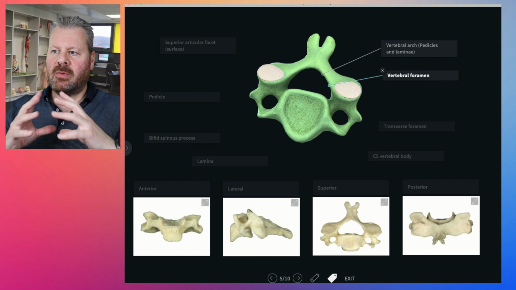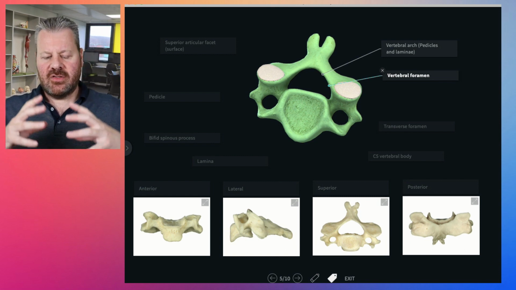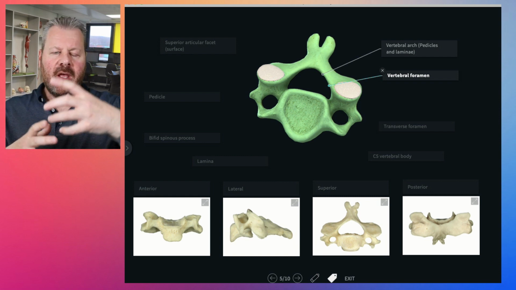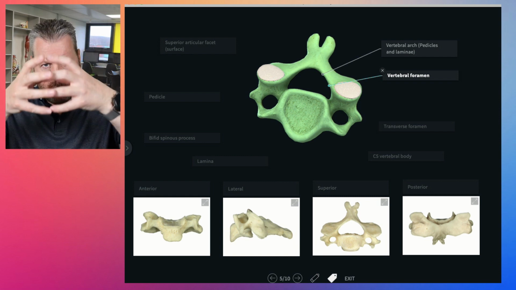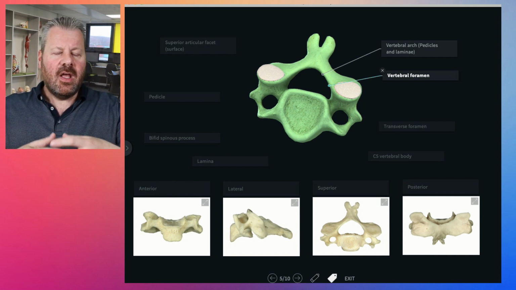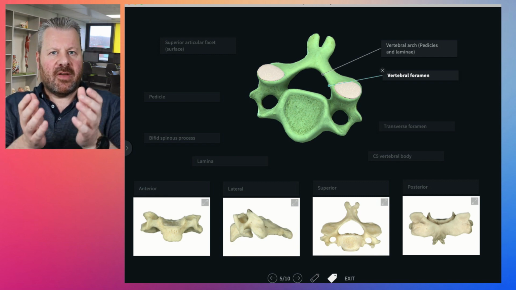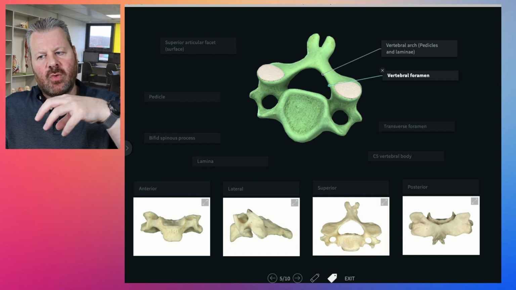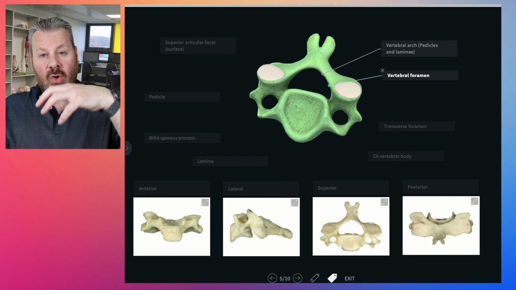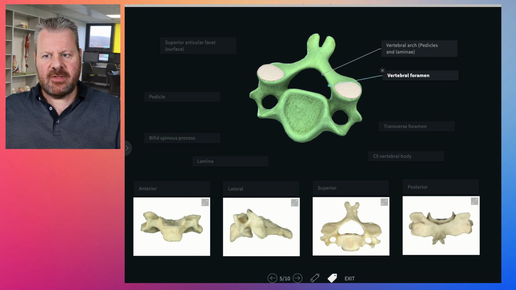Now this forms the vertebral arch, and it changes shape as we move through the spine, because at the top of the spine we've got the brainstem becoming spinal cord, and as we move through the structure of the spine, we've got the spinal cord itself, which is ending around about T12, L1, where we have the conus, and below that we have the cauda equina, which is Latin for horse's tail, which is where a lot of the nerves have spread out and branch out towards the end.